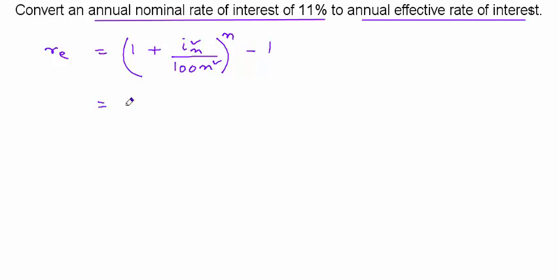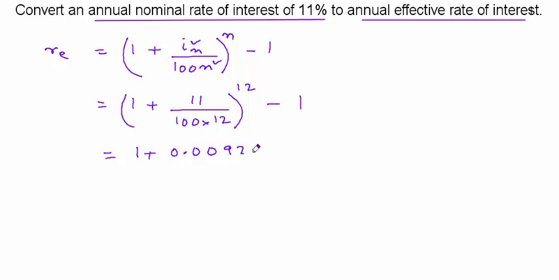So therefore this is going to be equal to 1 plus 11 over 100, that changes the 11 to a decimal, 0.11, times 12, assuming it's being done monthly, raised to the 12 minus 1. This is going to be equal to 1 plus 0.0092 raised to the 12 minus 1, which is equal to 1.116 minus 1, which is equal to 0.116.